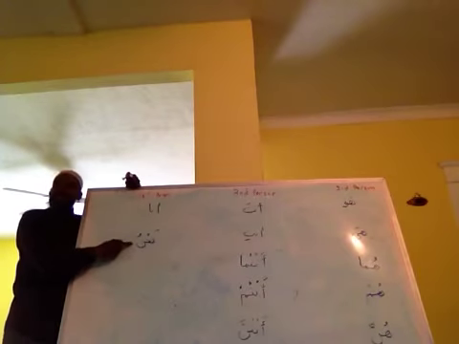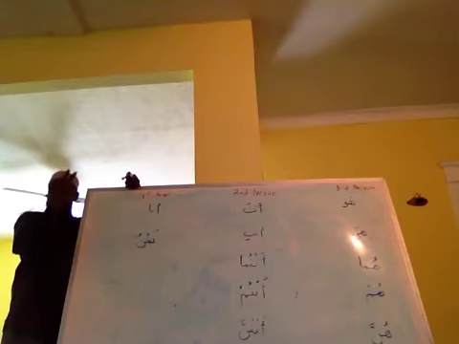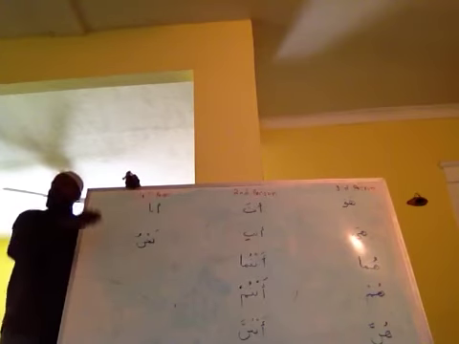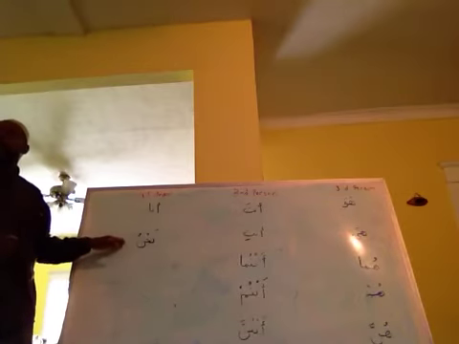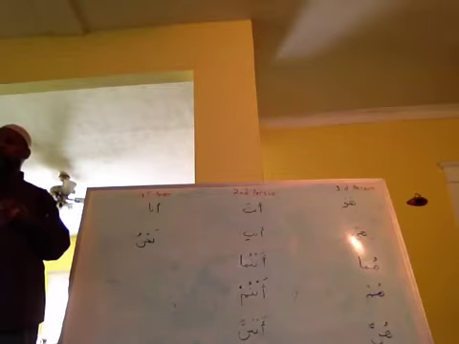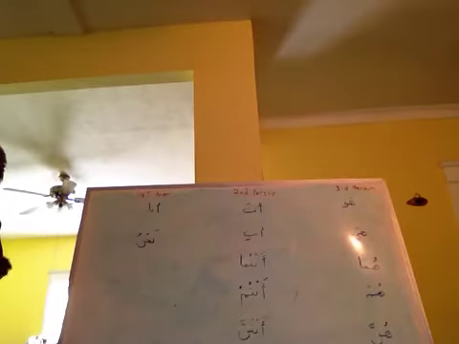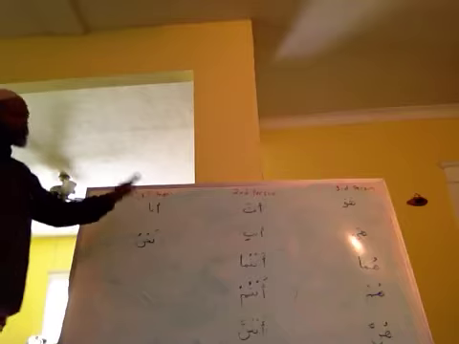A person can say nahnu muslimaan, we are Muslims, two. Nahnu muslimun, many. Nahnu muslimat. So nahnu can be used for dual as well as plural. Okay? So those are the unattached personal pronouns.